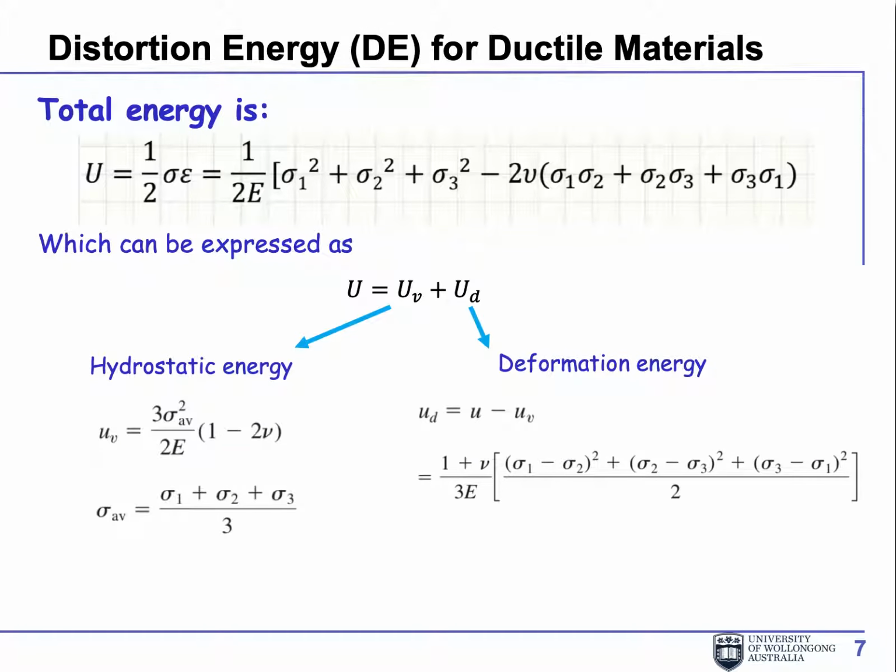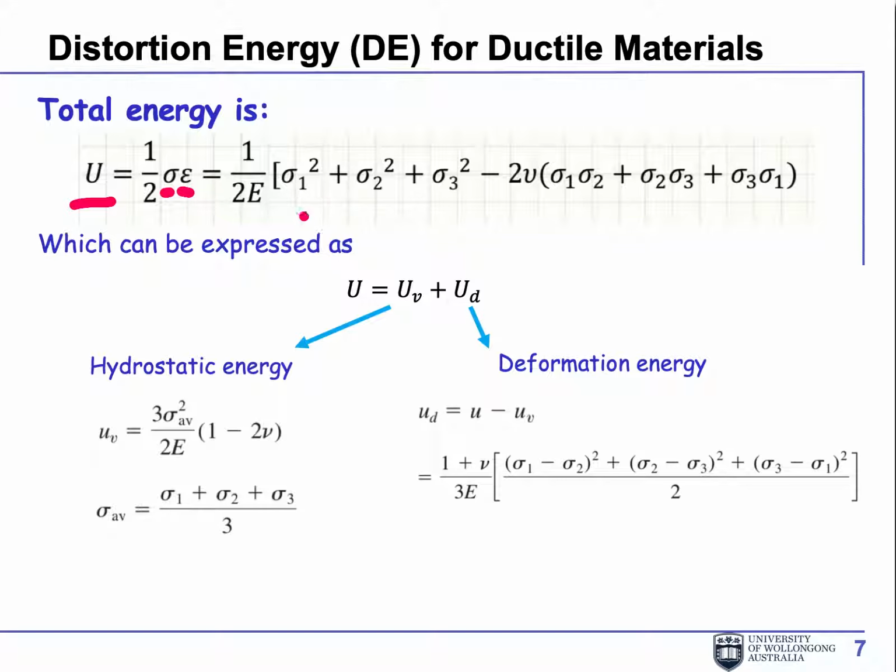Coming to the calculation. The total energy of a component under stress is equal to the stress multiplied by the strain, like force multiplied by distance, that's the work or the energy. At the micro level, we look at a single point inside the material, at the stress and the strain, that's the force and distance.